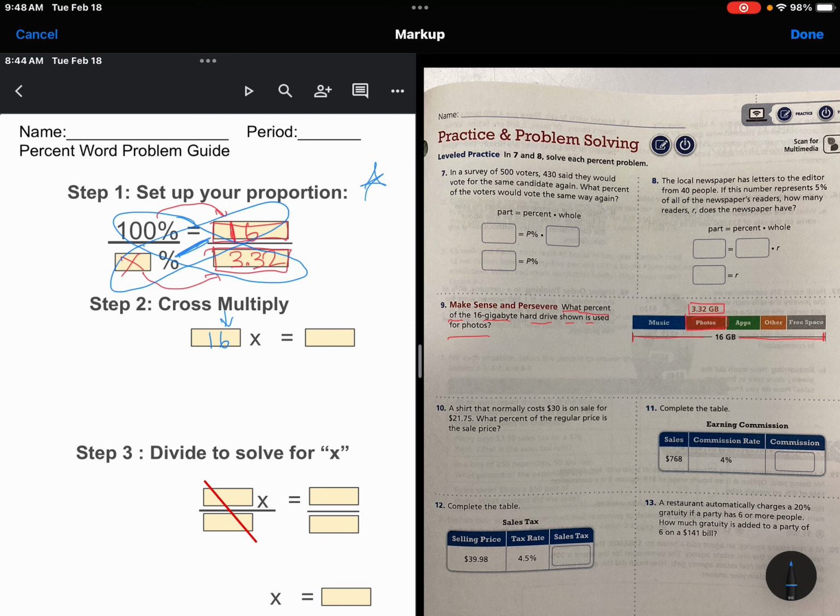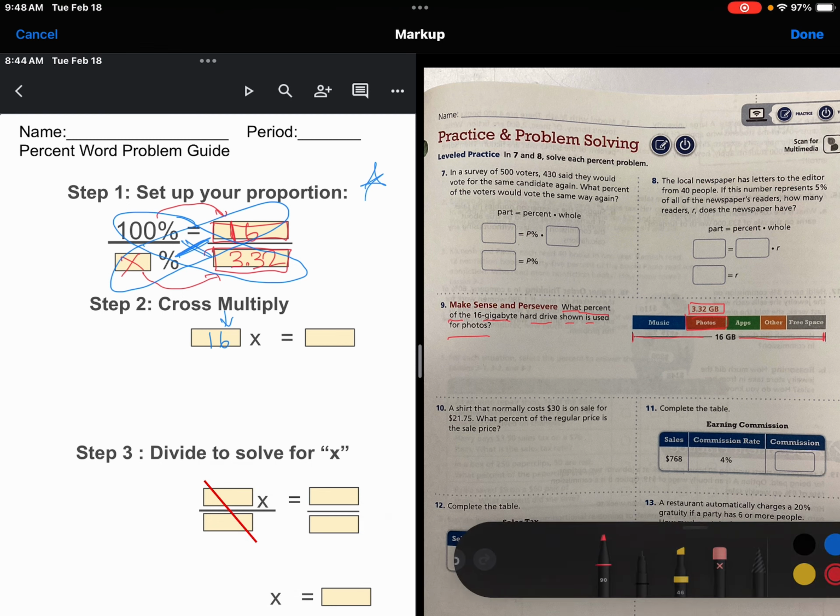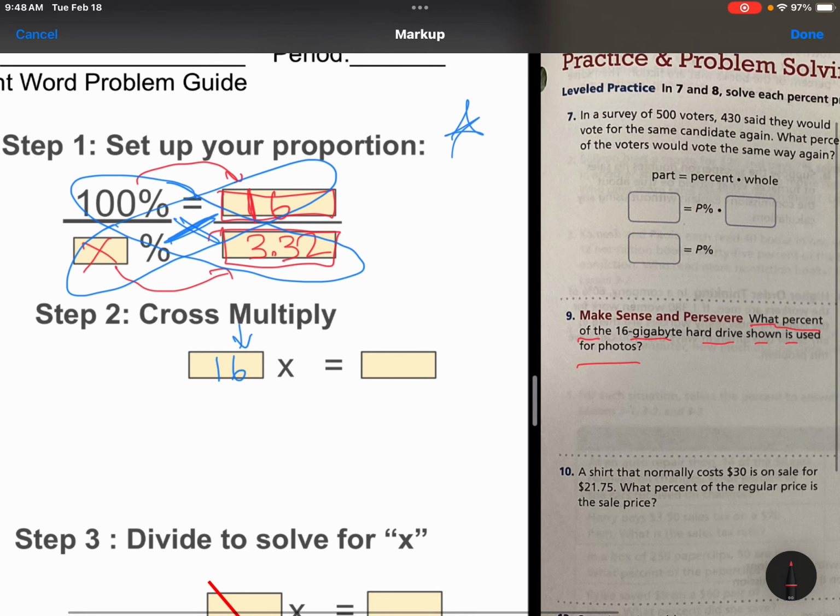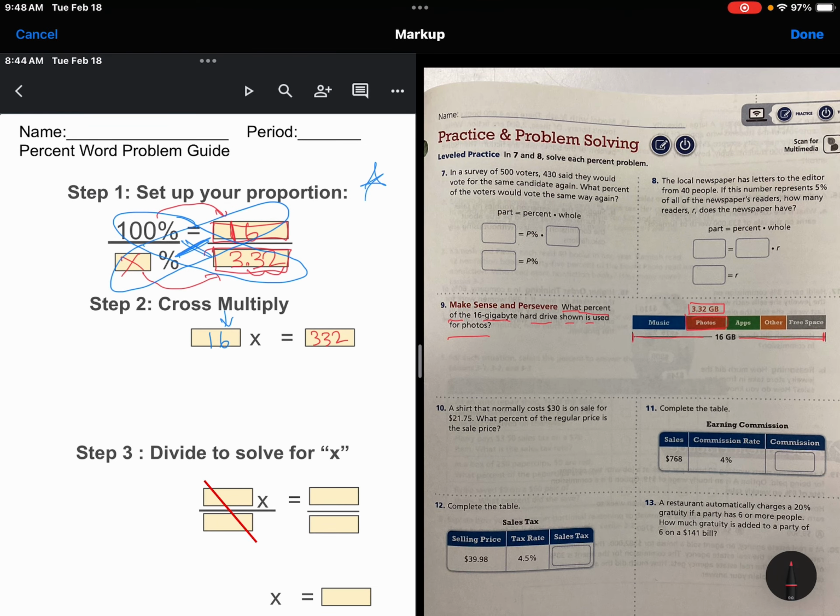I can just do long multiplication for 100 times 3.32. But I know from my elementary class that if I multiply by 100, I move the point twice to the right. So 100 times 3.32 will be just equal to 332. Just like that. Okay, good.